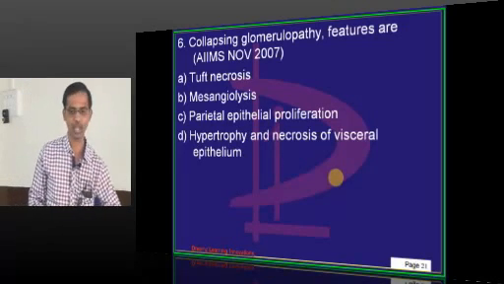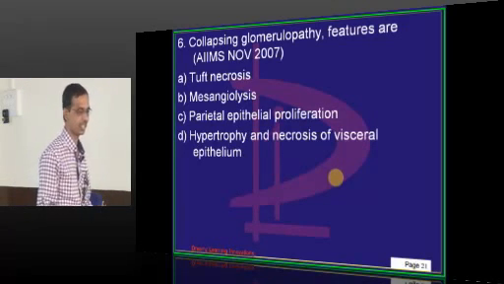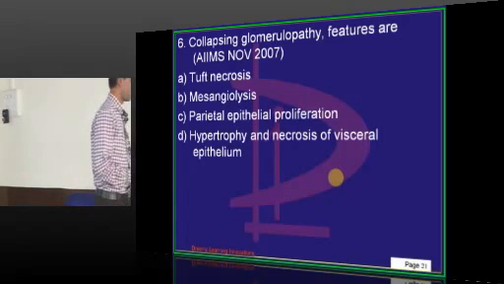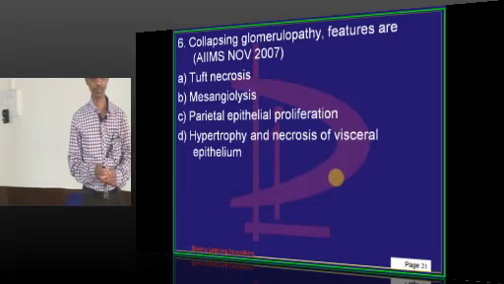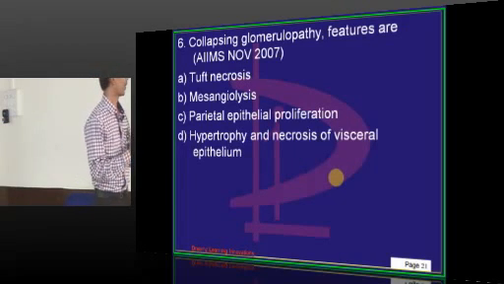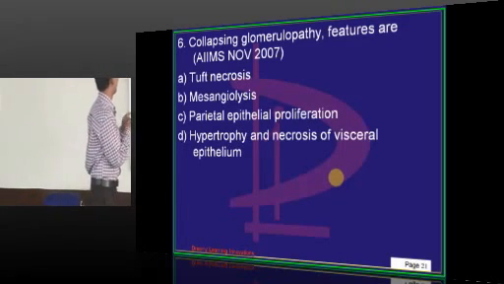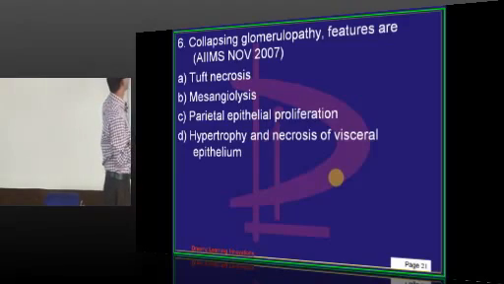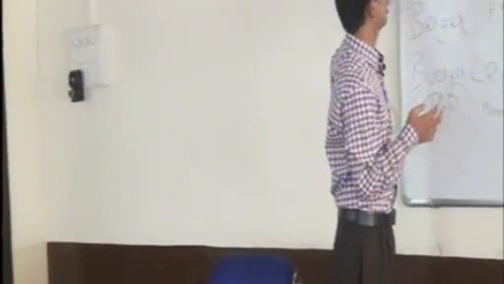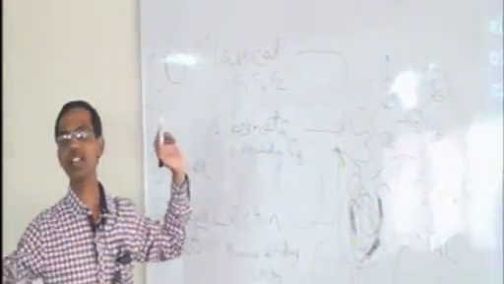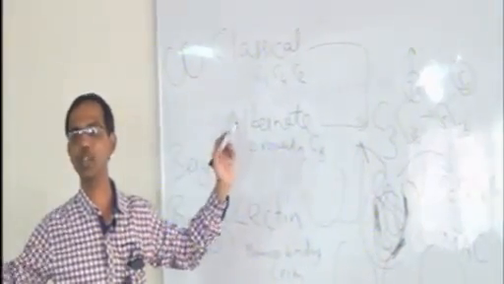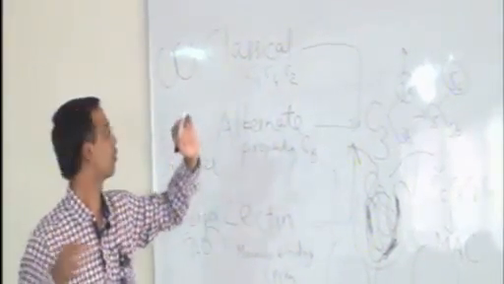Okay, so let us see collapsing glomerulopathy in slight detail now. Collapsing glomerulopathy has necrosis of the visceral epithelial cells. These are the visceral epithelial cells which undergo necrosis. If some of them undergo necrosis, the others will have to undergo hypertrophy. Some are lost, so others have to undergo hypertrophy.